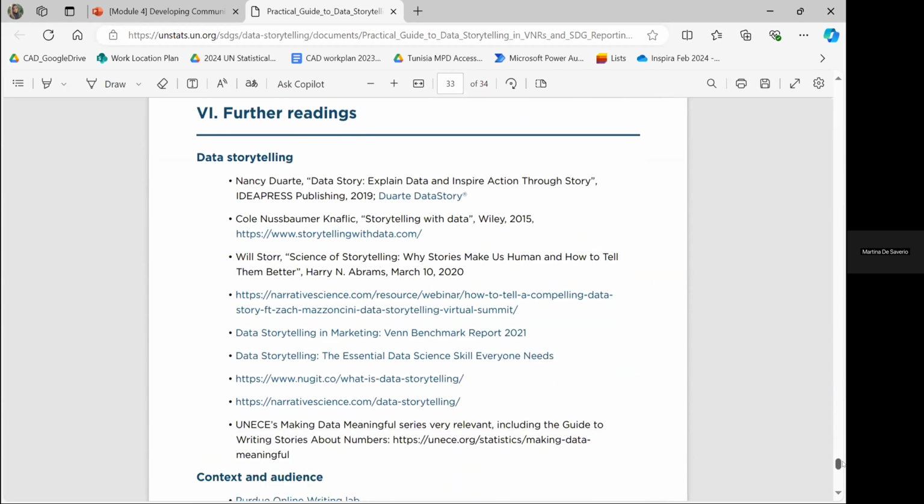Also here you have a lot of resources that you can further explore. These are not UNSD sources, but of course they are being cleared by UNSD, so you can also have a look and find inspiration from these new sources.